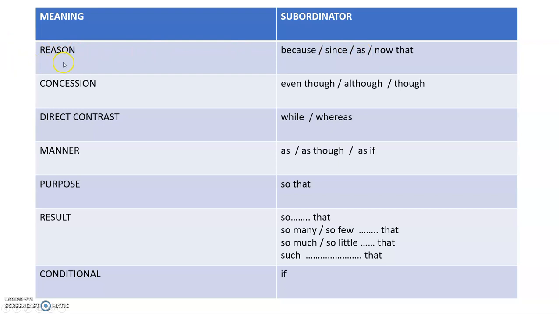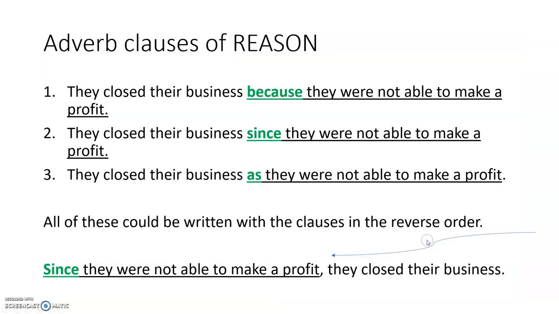So when you want to talk about the reason for something, you might have a clause that starts with because or since or as or now that. So we can choose just one. Some of these have the same meaning, some of them have small differences. So next we're going to see a slide for each type of meaning.